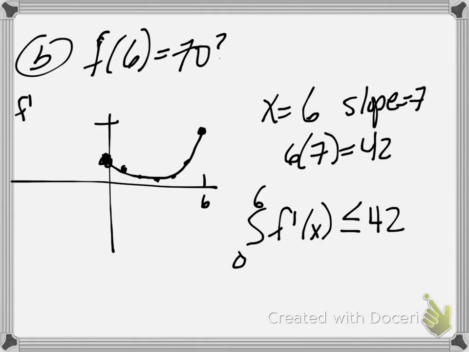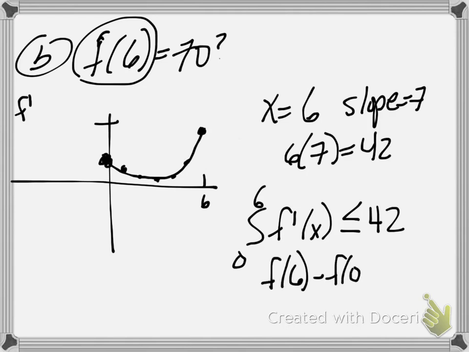Okay, but they're not asking for the whole integral, they're just asking for this. Remember, earlier we said that the integral from 0 to 6 of f prime of x, if you took the antiderivative and substituted in, you'd get f of 6 minus f of 0 must be less than or equal to 42.